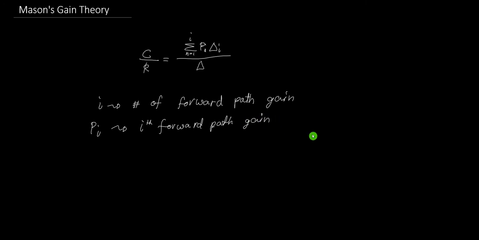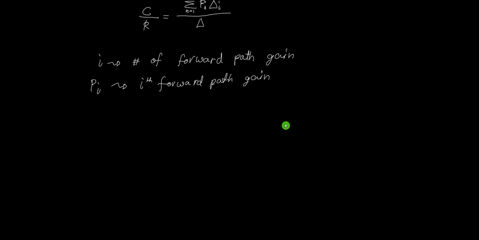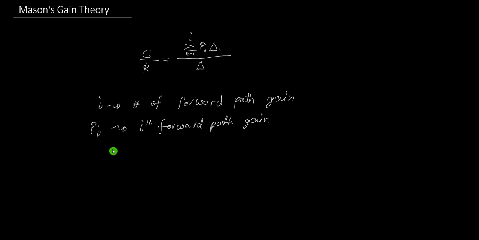Then we have delta here. Delta is just equal to the formula for delta. This is equal to 1 minus the sum of all loop gains.